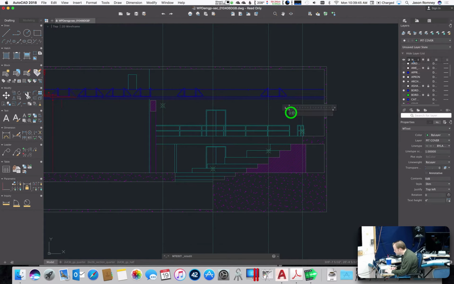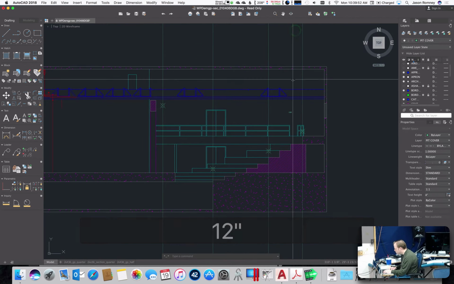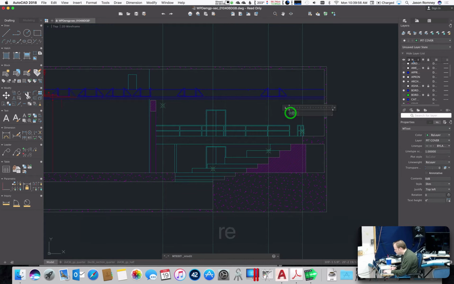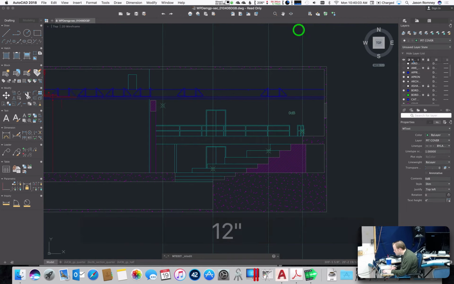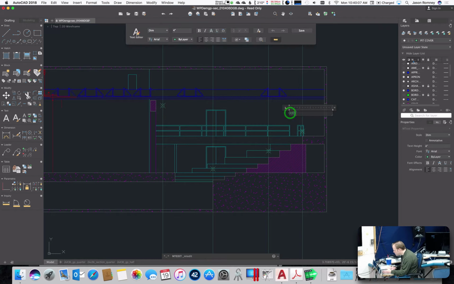Hopefully larger. These text tools are bizarre. Come on, give me something better than that. 12 inches. What is going on? Get it bigger if I go somewhere else.